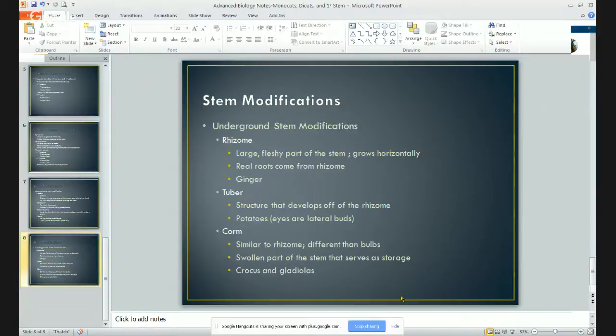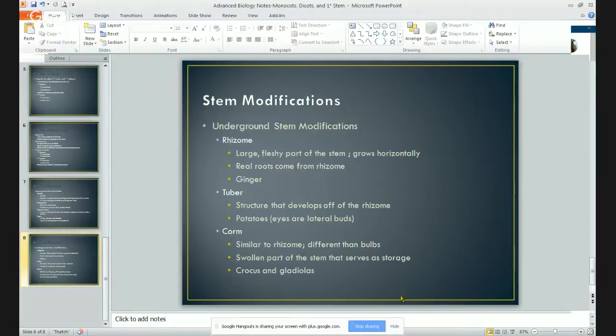Your crocus and your gladiolas are considered to be corms. If you look at your picture, you can see why it would look very similar to a bulb, because it's got paper leaves surrounding it. The roots come out from that, but it serves as storage. It just happens to be underground.